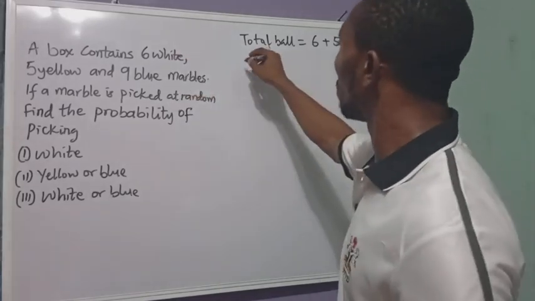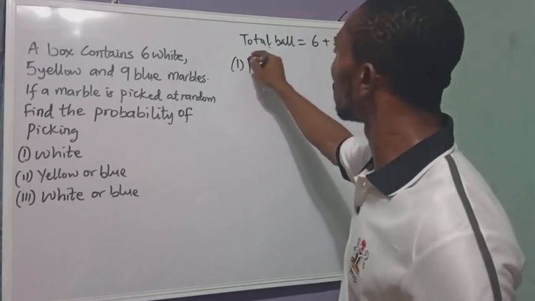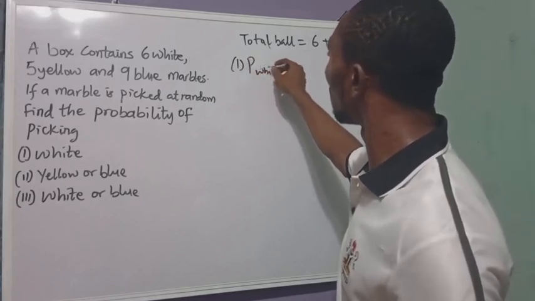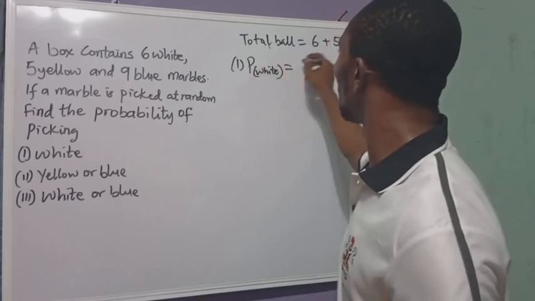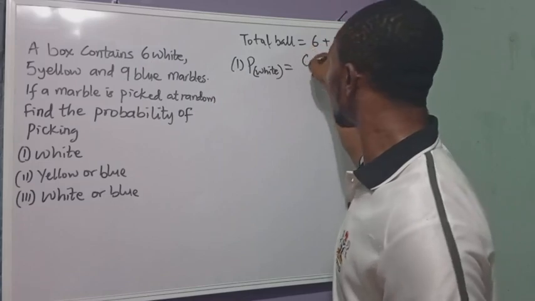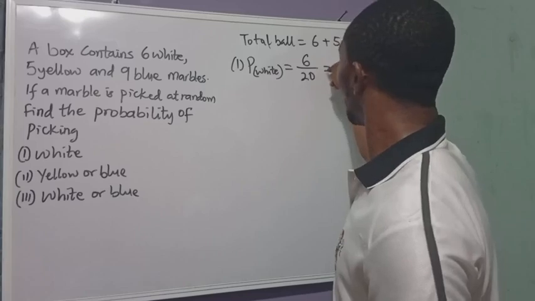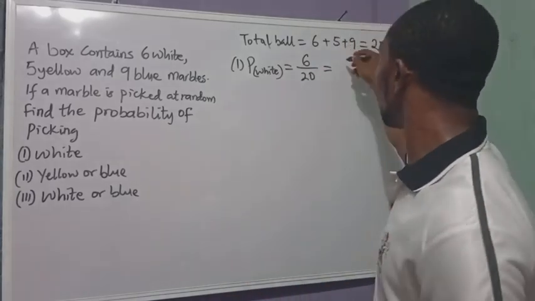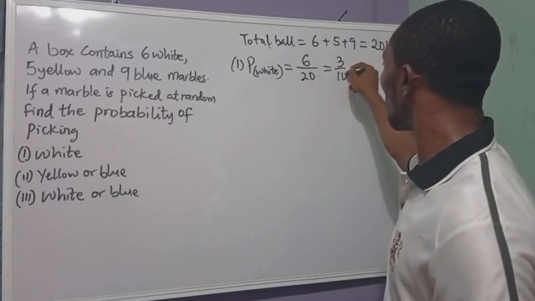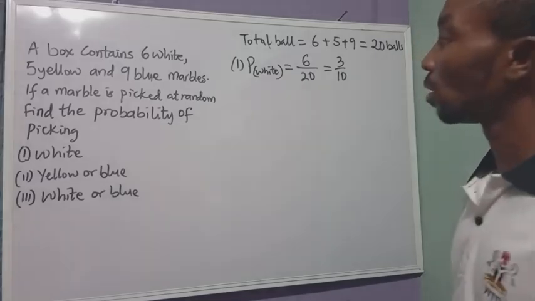The probability of picking a white one is how many white balls are in the box, 6, all over the total 20. Breaking it down to its lowest term gives us 3 over 10. That's the probability of picking a white ball.